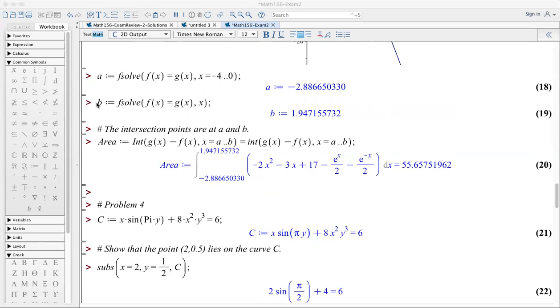And what I see here is there is the command implicit diff. And this tells you how to use the command. You have a function involving x and y, or an equation, and you want to find the derivative of y with respect to x.